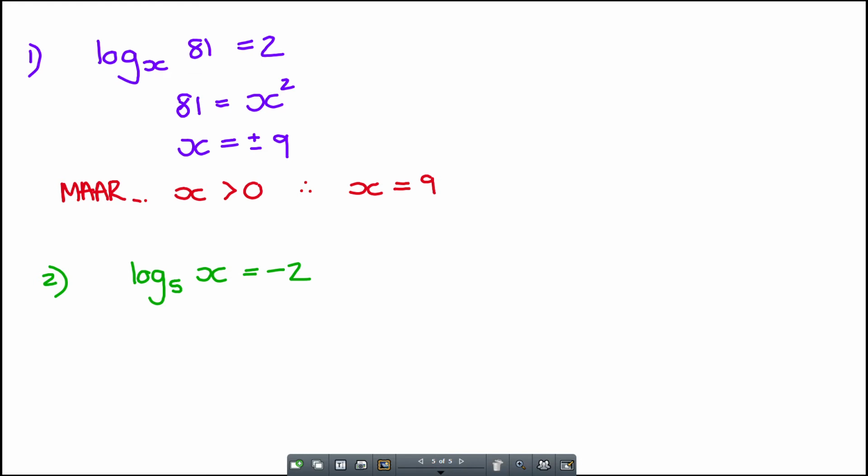You guys done? Okay. Say your exponential form. Isona? Okay, what was your first step? Write it in exponential form. Five to the power of minus 2, which means that x will be 1 over 25.